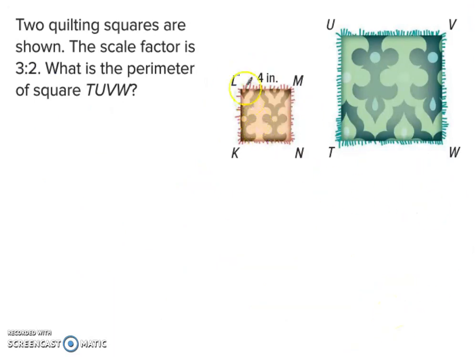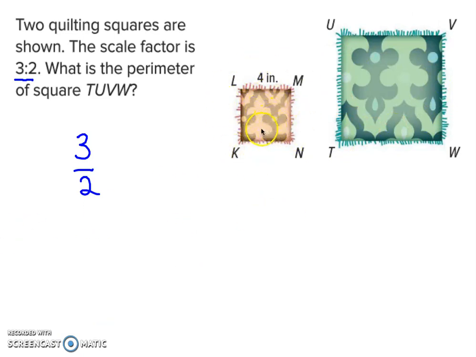Our next one: 2 quilting squares are shown. The scale factor is 3 to 2. So it gives us our scale factor. What is the perimeter of this one here? Well, this is 4, so we need to first figure out the perimeter here.